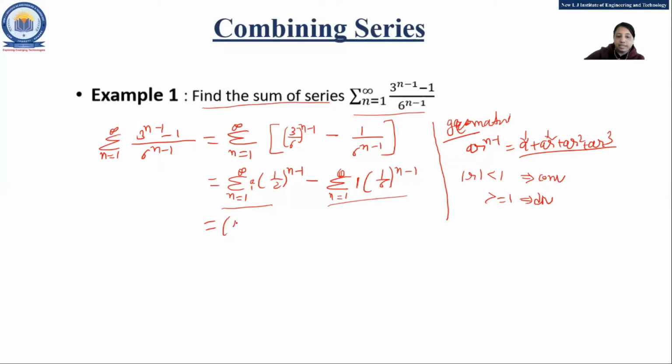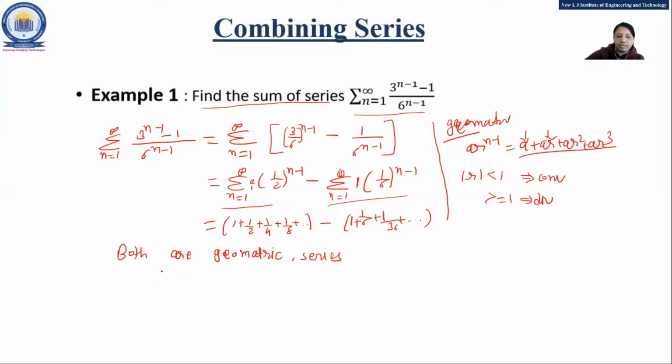So you can see this will be 1, 1 by 2 plus 1 by 4 plus 1 by 8, like this, and minus 1 plus 1 by 6 plus 1 by 36, and so on. Now both are geometric series. So what should be the value of A and R?